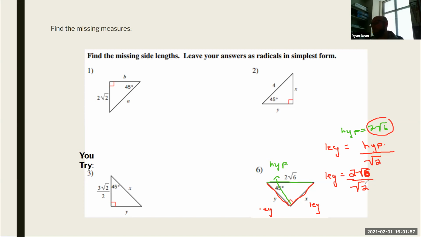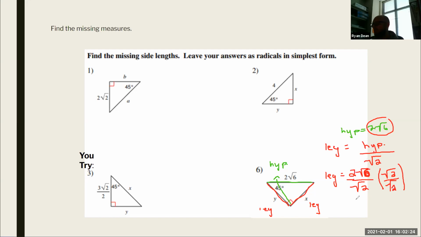And this is one of the reasons why we went over radicals so much in the beginning of this unit, because we have to know what to do in this situation right here. So what do we need to do to get rid of the square root of 2 on the bottom? We have to multiply by the square root of 2 over the square root of 2.